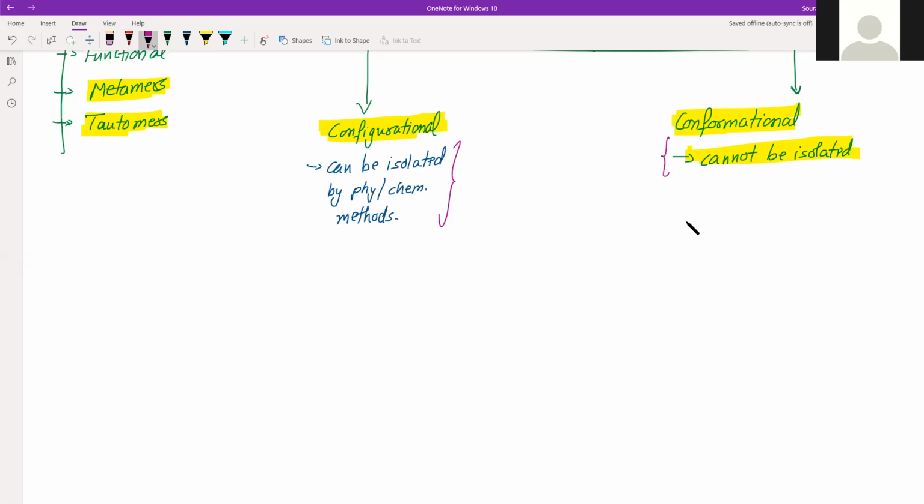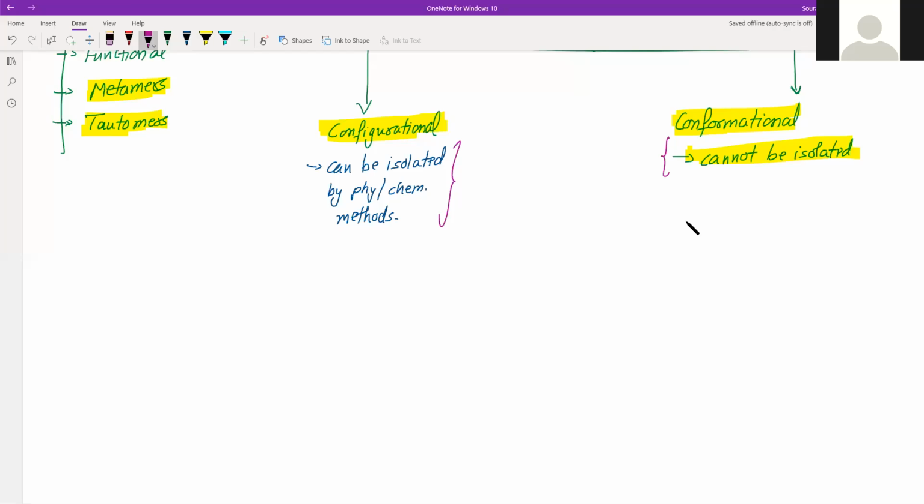Now what happens in conformational? They cannot be isolated first. They don't have any structural difference. They cannot even be isolated.